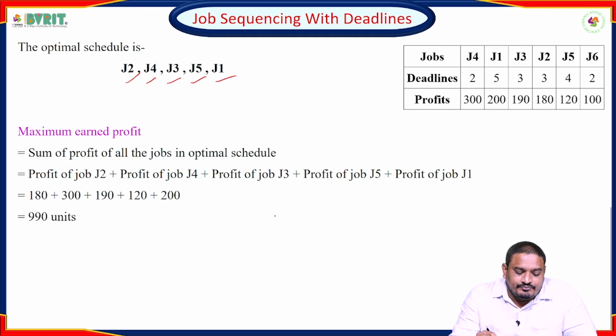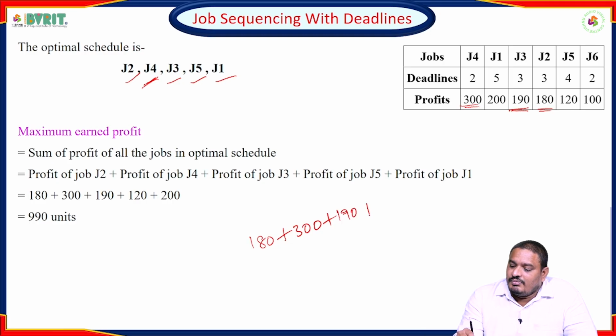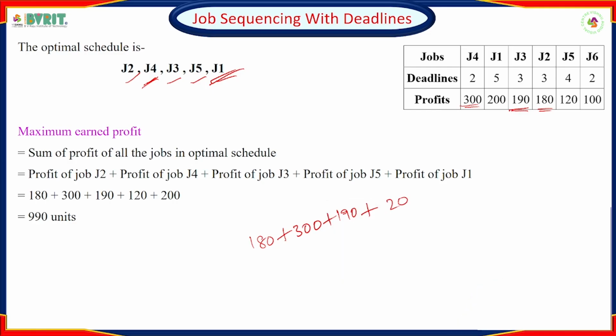J2 profit is 180, plus J4 profit, which is 300, plus J3 profit 190, plus J5 profit 120, plus J1 profit 200. The total profit is 990 units.